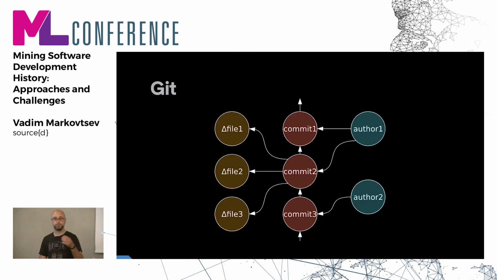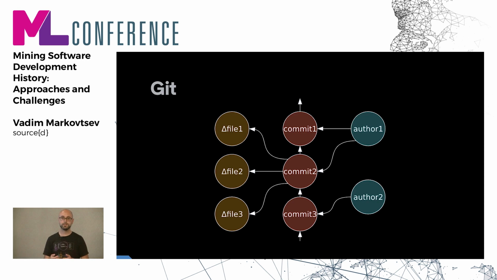I'm pretty sure all of you work with version control systems. Most likely this is Git, maybe SVN, maybe Mercurial, who knows. But Mercurial and Git work quite similarly. You have a directed acyclic graph of the things which you store, let's say. You have commits. Every commit has a number of parents and a number of children.